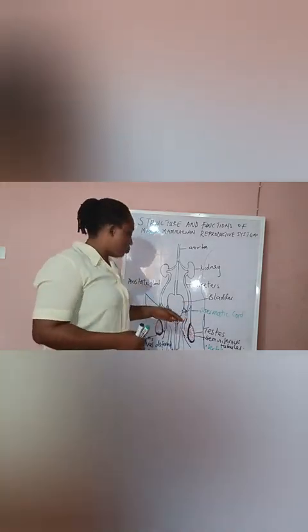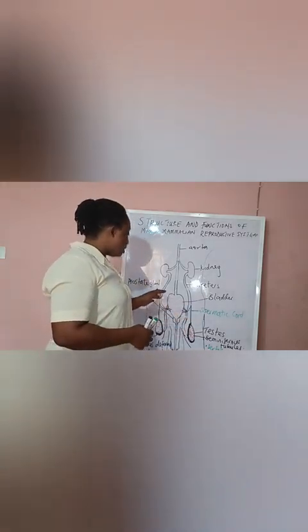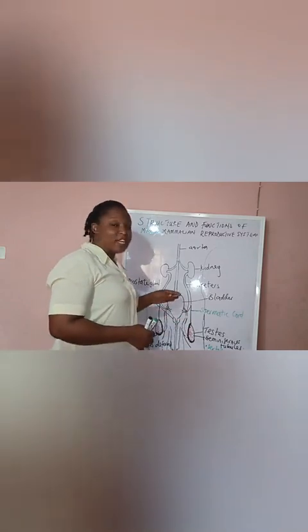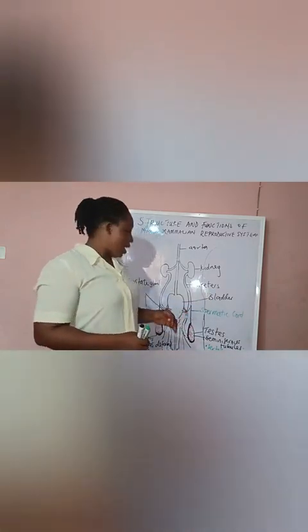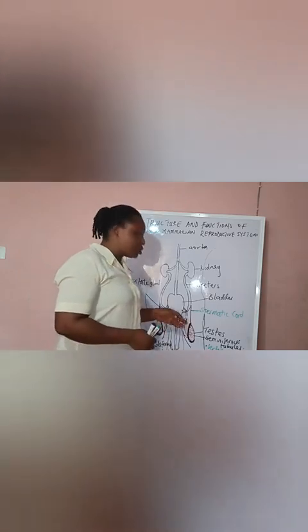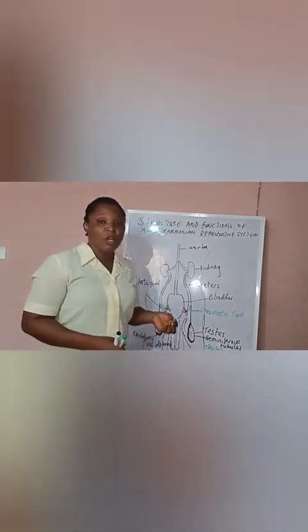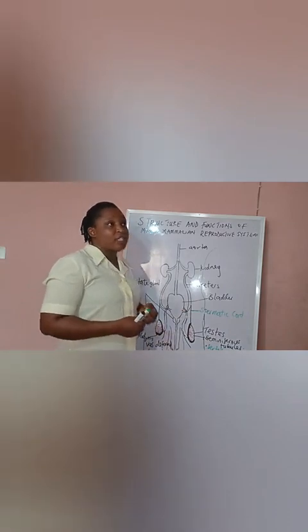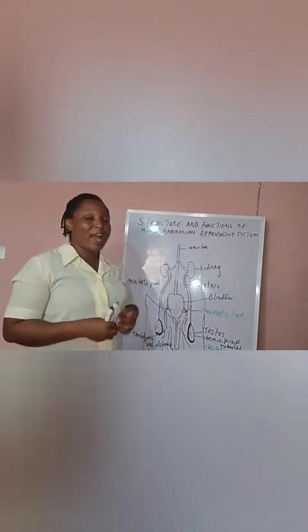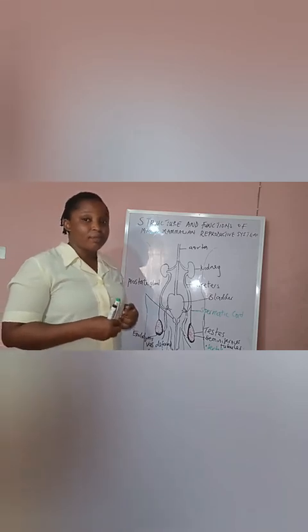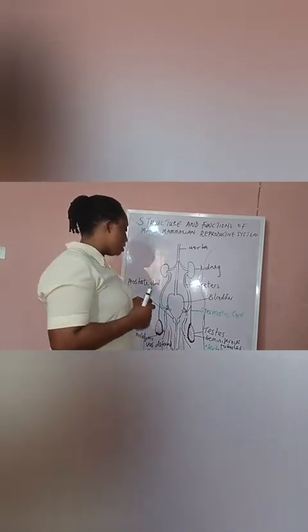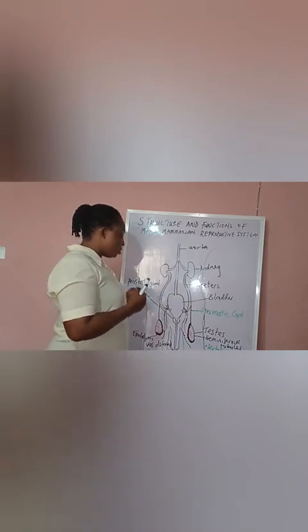The sperm are taken here after leaving the seminal vesicle, and it also produces part of the seminal fluid, and the fluid produced by the prostate activates the sperm cells.